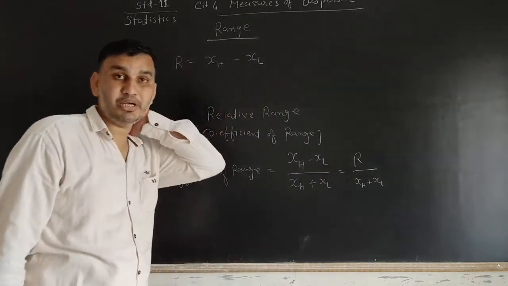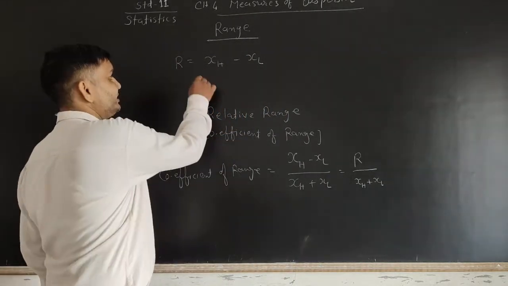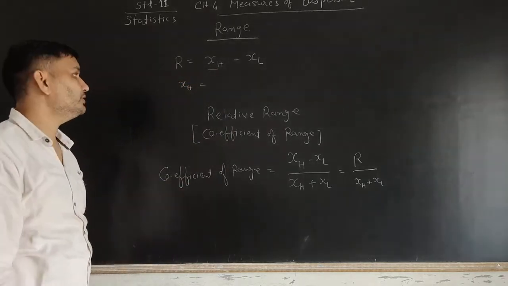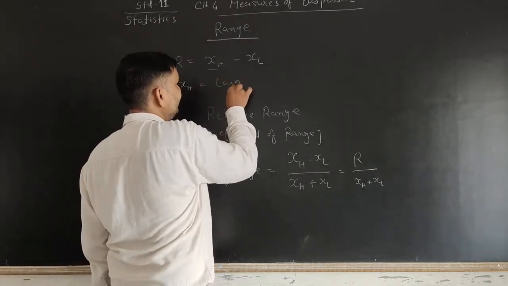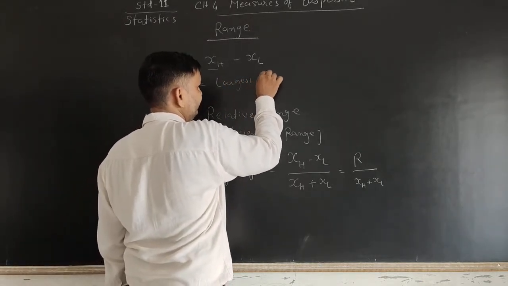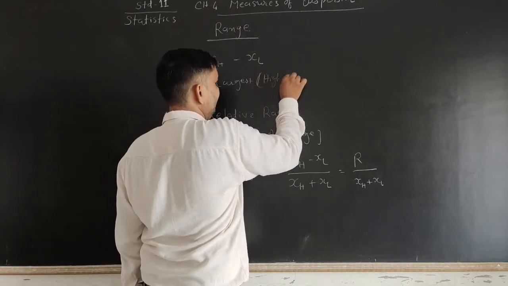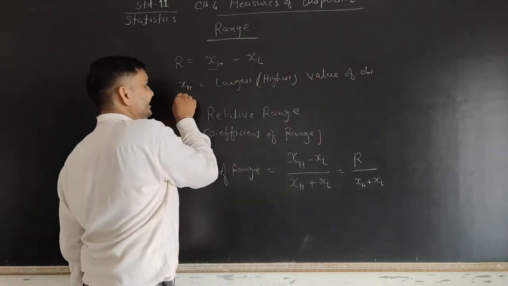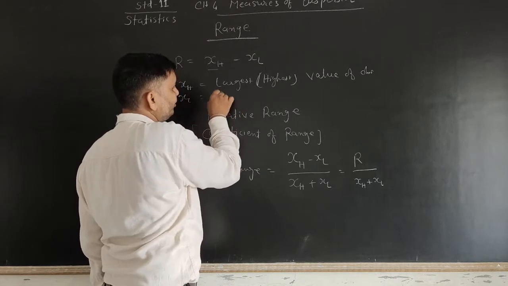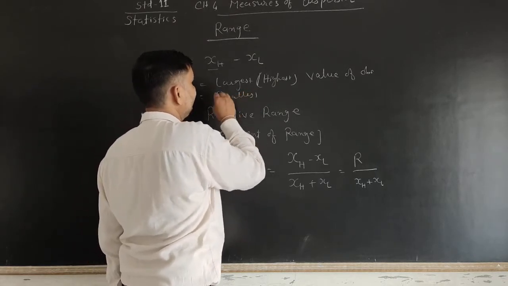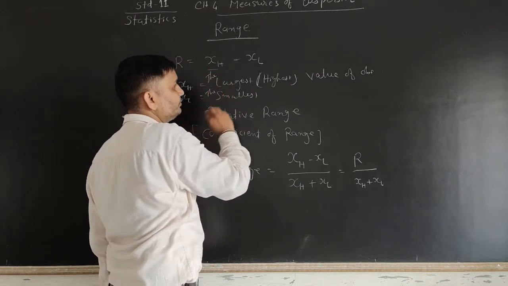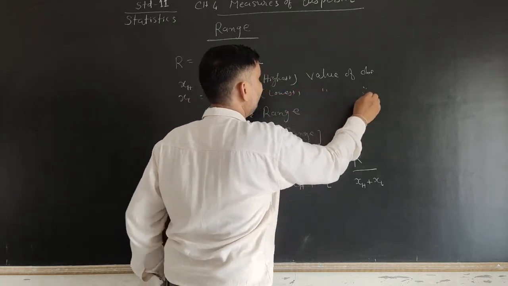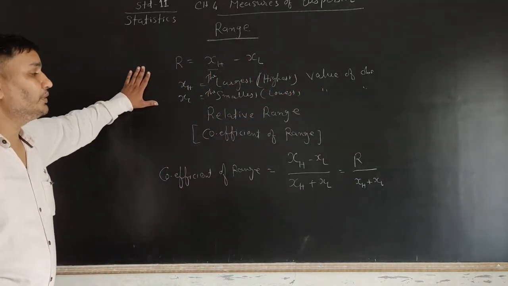That's very simple, nothing typical. Here XH is equal to the largest or highest value of the observations, and XL is equal to the smallest or lowest value of the observations. Very simple.